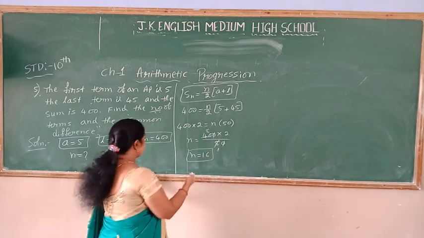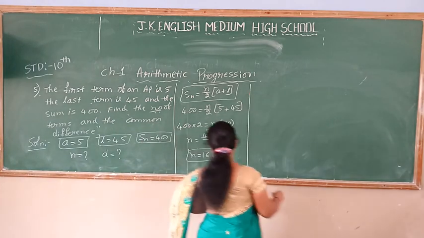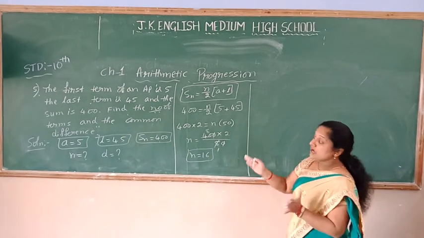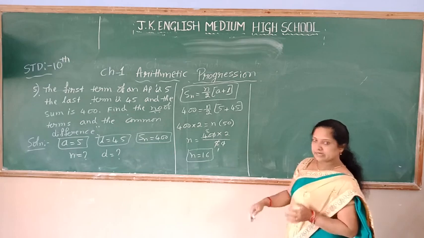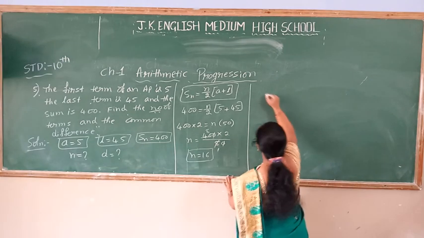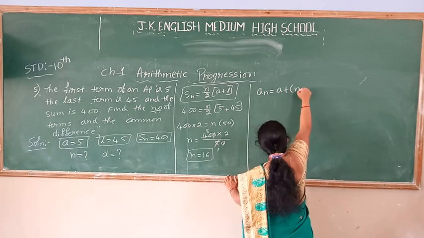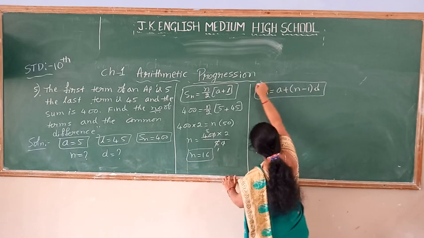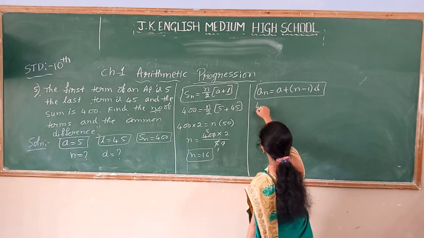After finding the value of n, I have to find out the d value. Which formula can I use to find d? When I know a, n, s and l, to find d I can use the formula l is equal to a plus (n minus 1) into d, because here l is nothing but the last term, that is 45.